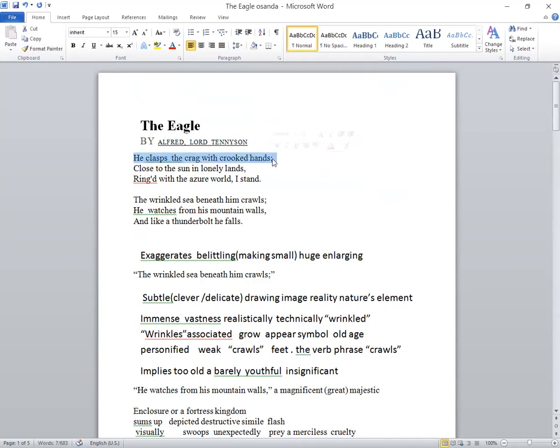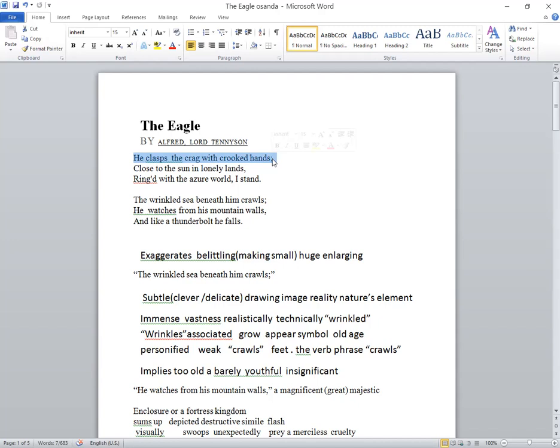Now what is the picture you have here by reading these lines? What mental picture? What can you see? Yes, we can imagine the eagle's crooked hands.